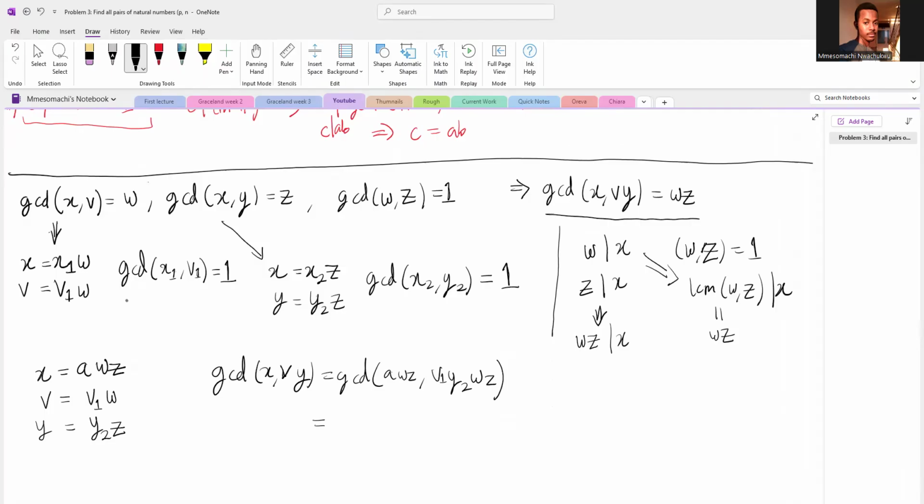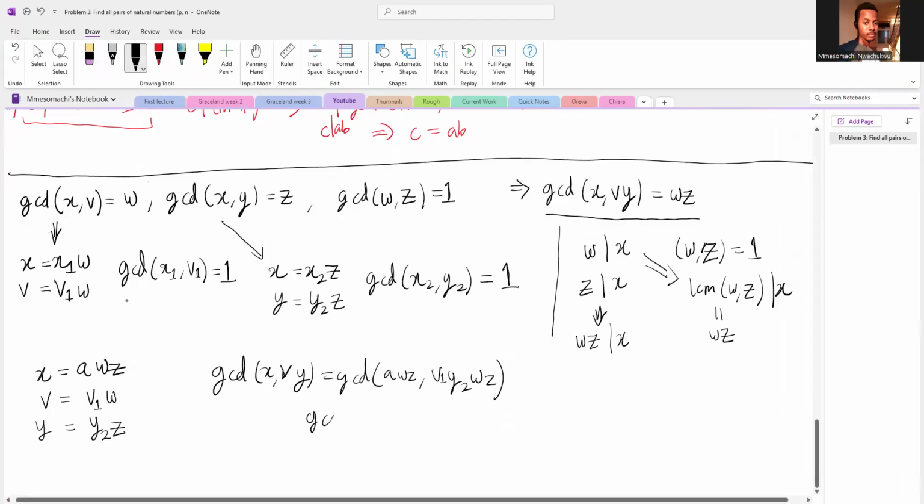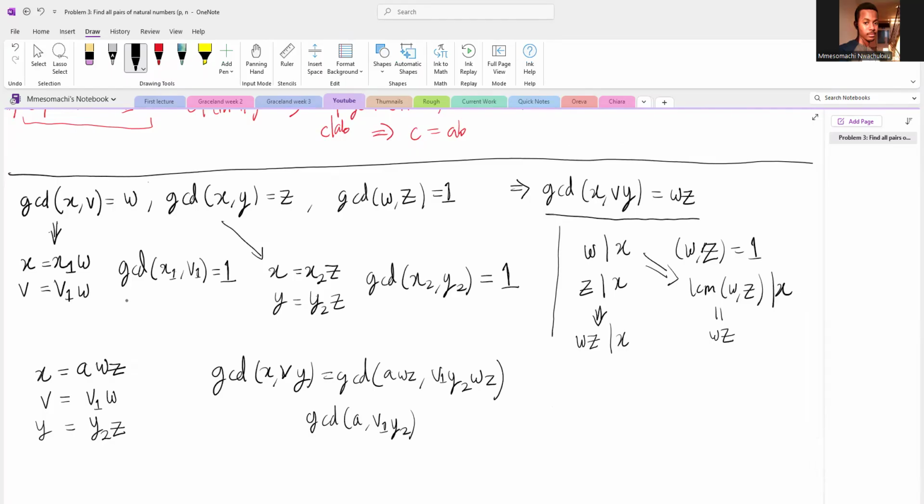We can see that WZ divides AWZ and V1 Y2 WZ. So we just need to find the GCD of A and V1 Y2. If we can get that this is 1, then we'll be done. Okay. So let's look at this.